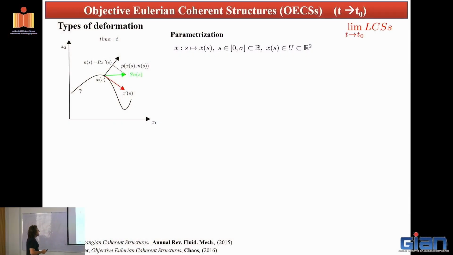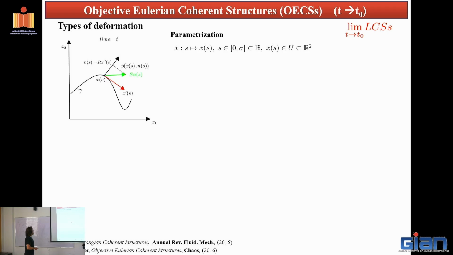The philosophy is always the same. You have to parameterize this curve. You don't know where it is; the business is just finding where it is. So you parameterize this curve as x of s, where x has two components, x1 and x2. Then x prime is the tangent direction, and n is just a 90-degree rotation matrix R times x prime.